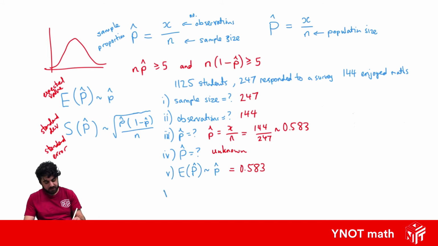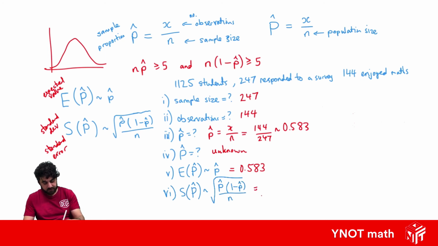Now let's find our standard error, which we know is going to approximately equal the square root of p hat times 1 minus p hat all over n.